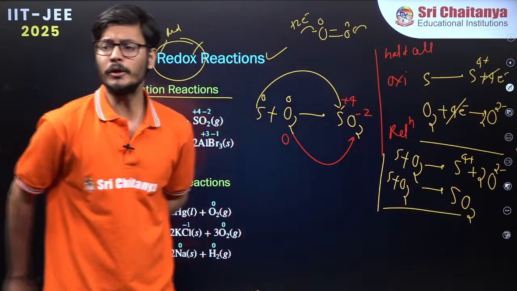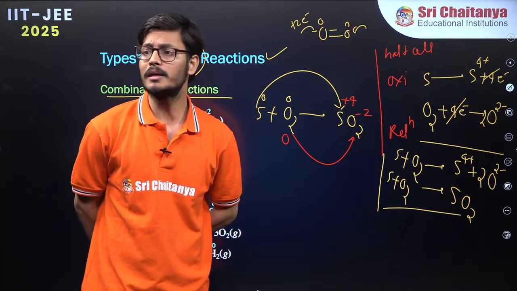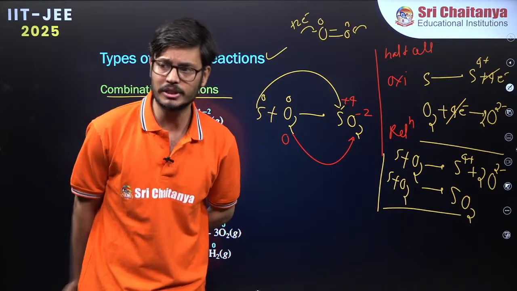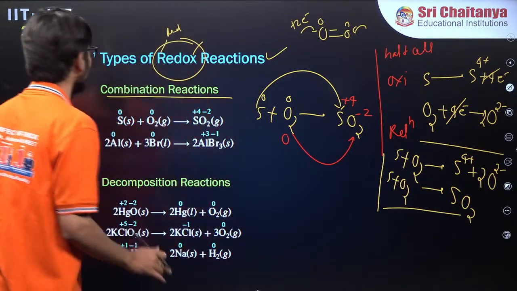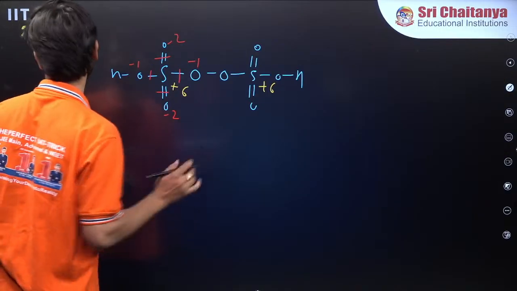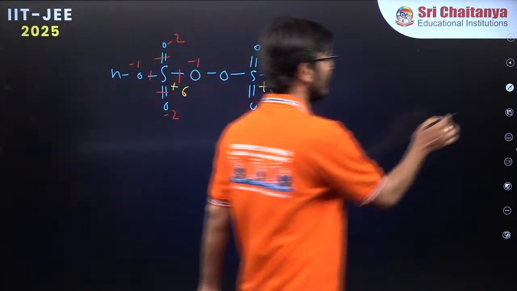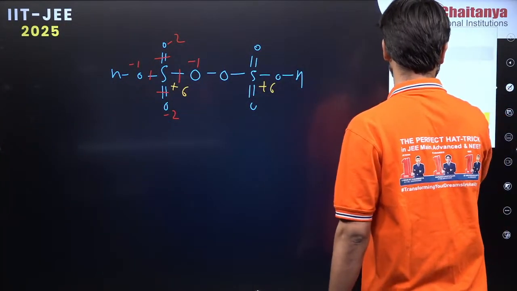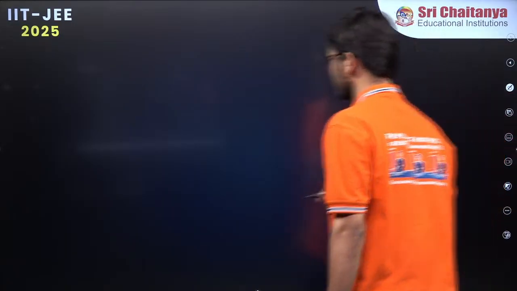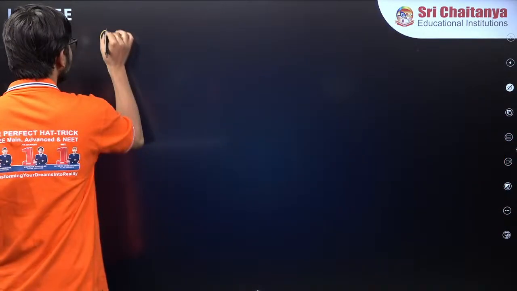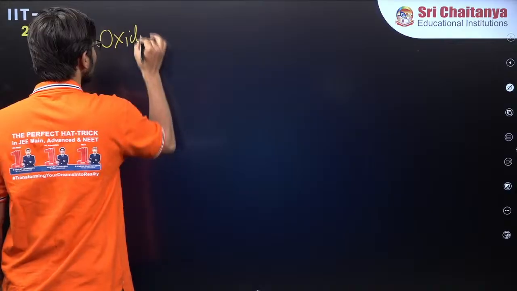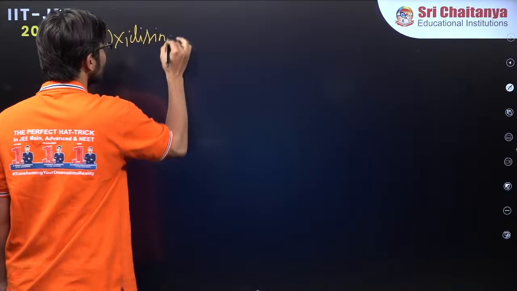Now, I am going to introduce a new term, which is called oxidizing agent and reducing agent. Listen very, very carefully. I am going to describe a new concept, oxidizing agent and reducing agent. What is an oxidizing agent?